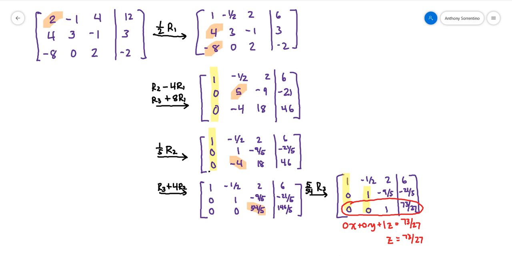No one's going to say that these are always going to be nice numbers, by the way. This equation here is the same thing as saying 0x plus y minus 9/5 z, which we know is 73 over 27, equals negative 21 over 5.